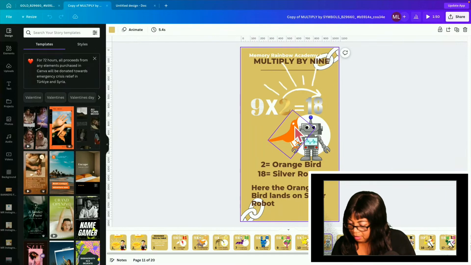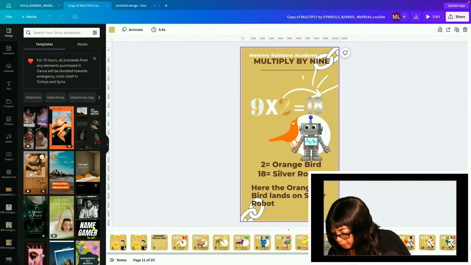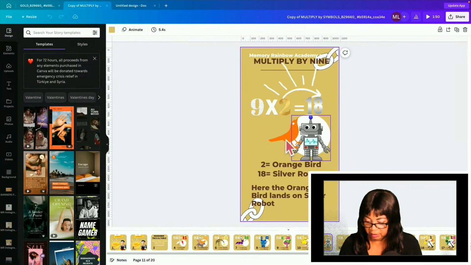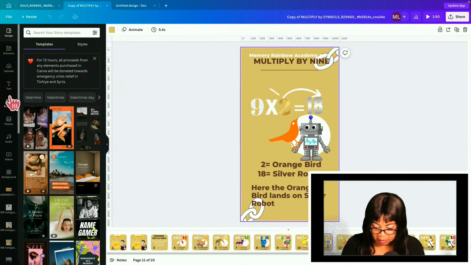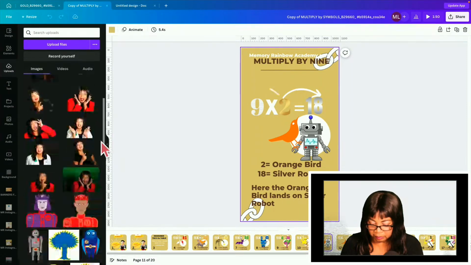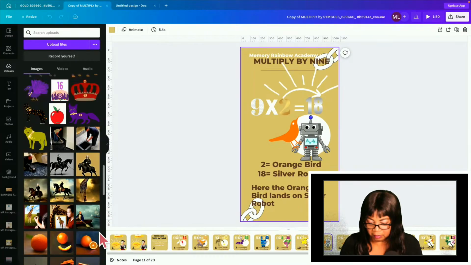Okay, so anyway, this is an image of a robot. Let's see if I have an upload. Let's see what we have here.